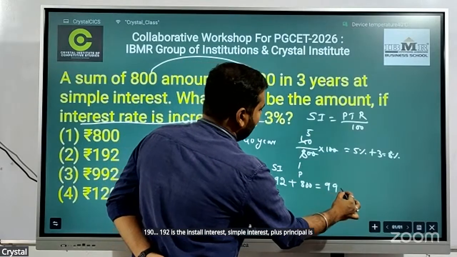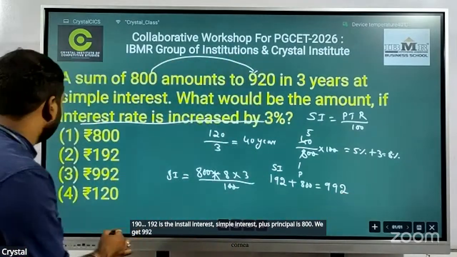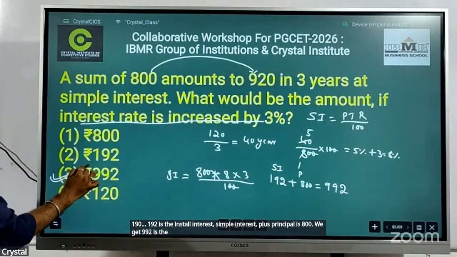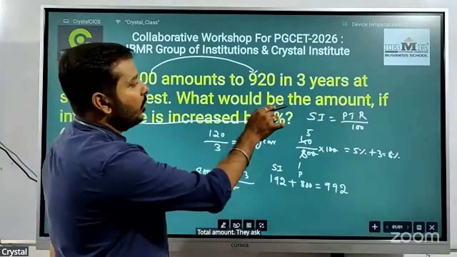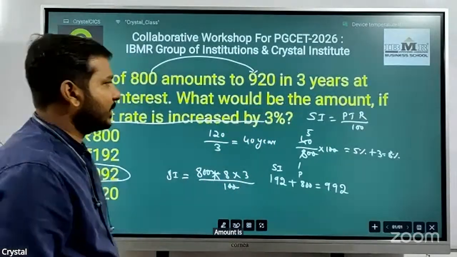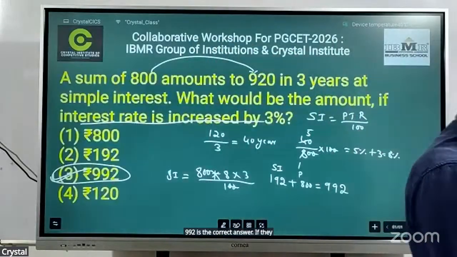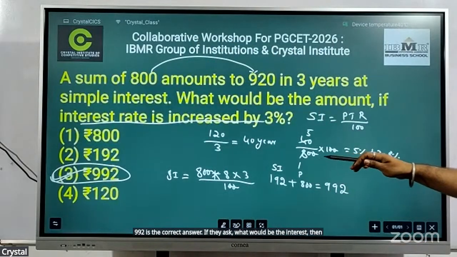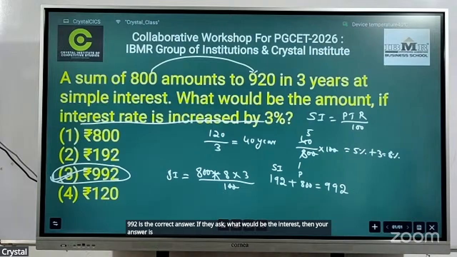We get 992 as the total amount. They ask what would be the amount. Amount is 992, the correct answer. If they ask what would be the interest, then your answer is 192.